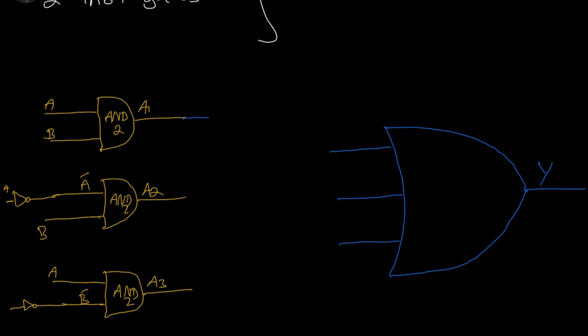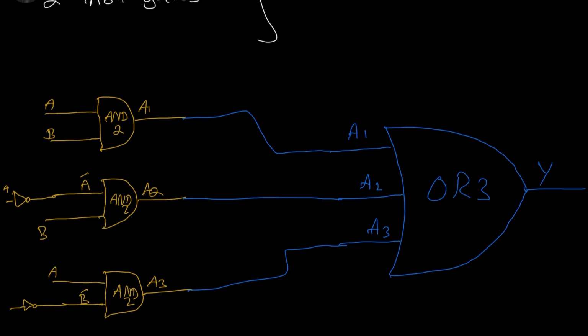So we will just connect the outputs of these individual AND gates to the input side of the OR gate, and we will have our logic circuit ready. So A1, A2, A3 is going into the OR3 logic gate.